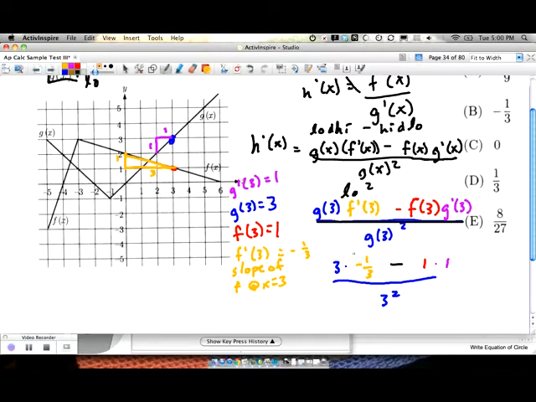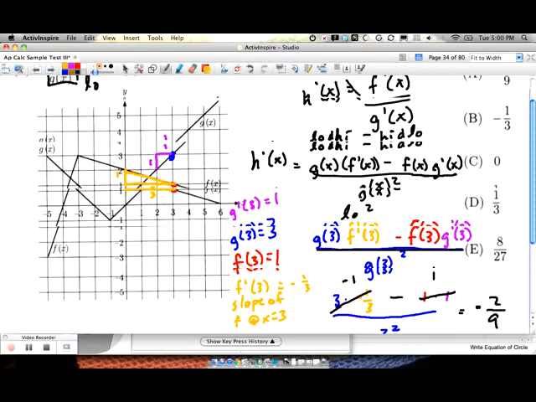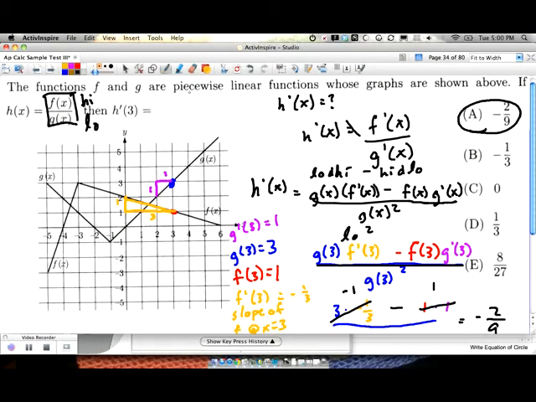So we've got to just calculate all this. So we have 3 times negative 1/3, so that's negative 1. Minus 1 times 1, that's just 1. Negative 1 minus 1 is negative 2. On bottom we have a 9. Negative 2 over 9 is the answer.